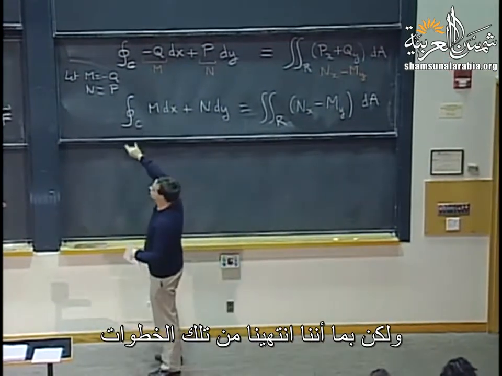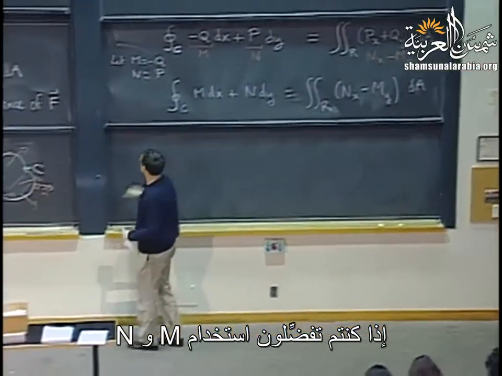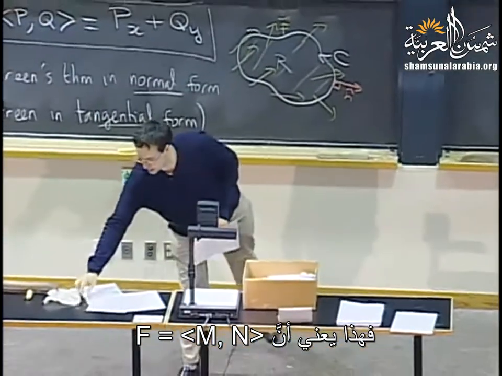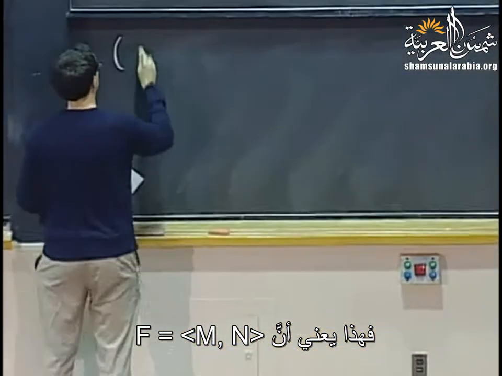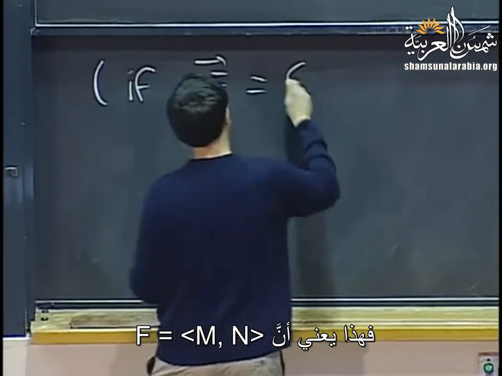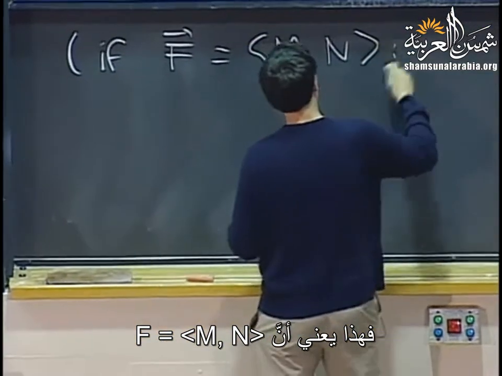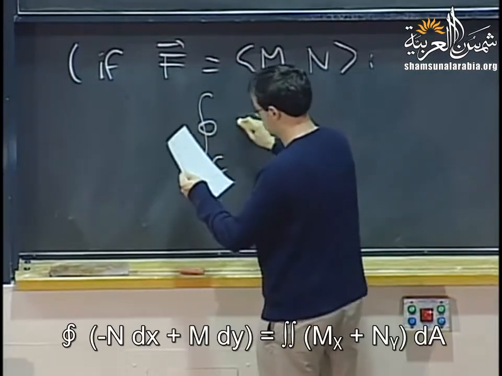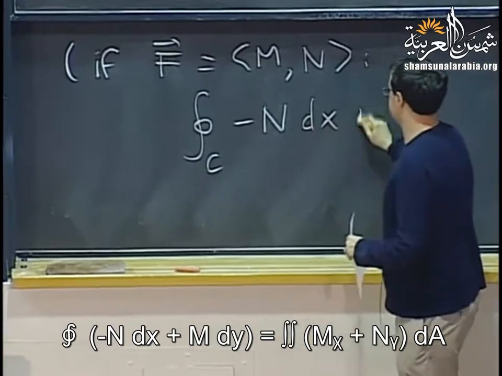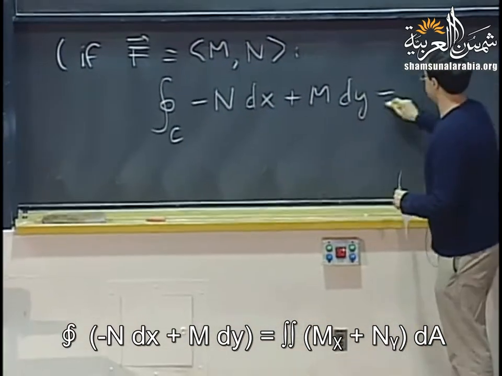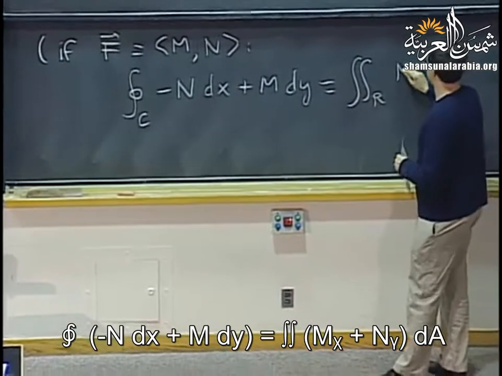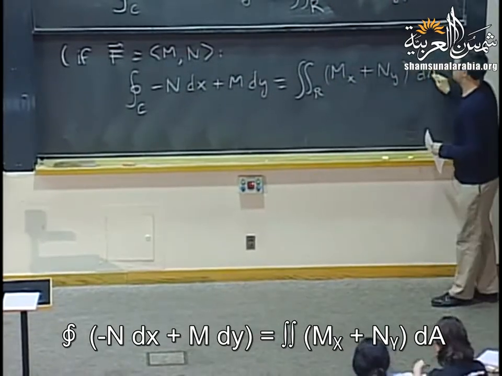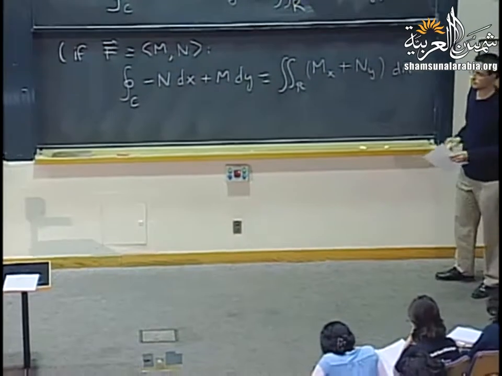But now that we're through with this, if you still like M and N better, then the formulation of Green's theorem in this language is just the integral of minus n dx plus m dy is the double integral over R of m x plus n y dA. Okay.